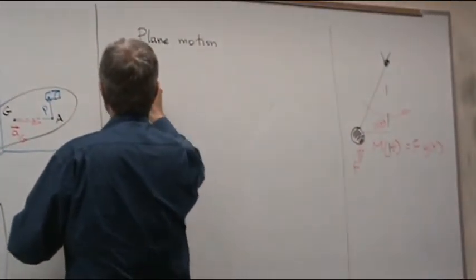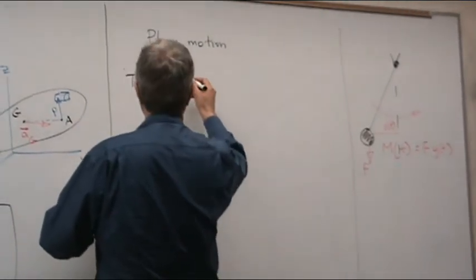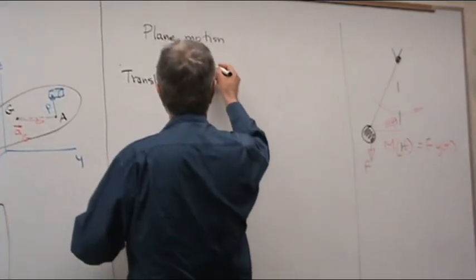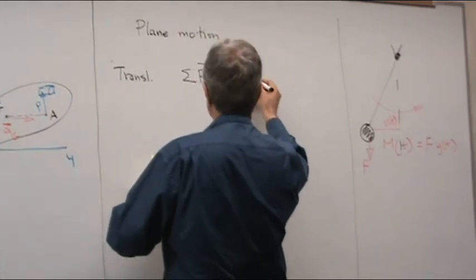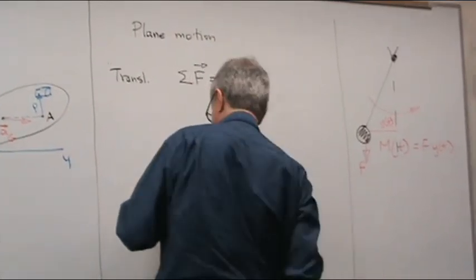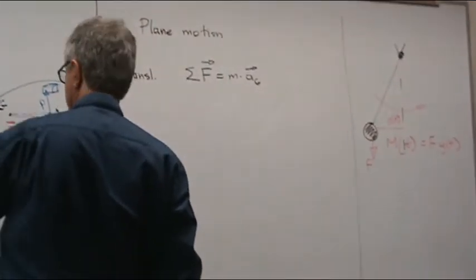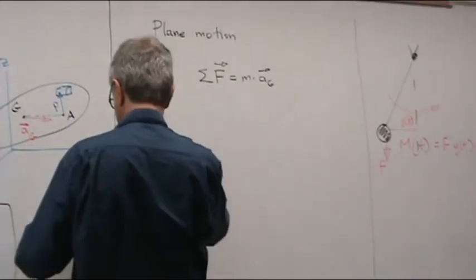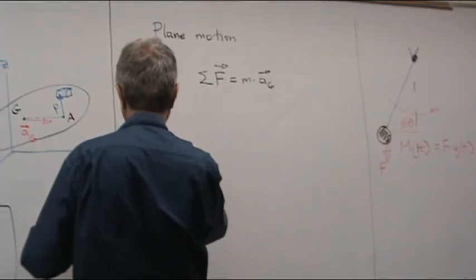For translation, the sum of all the forces is equal to the mass times the acceleration of the center of gravity. Nothing changes. It's the same equation as before. Now for rotation, things are a little bit simpler.